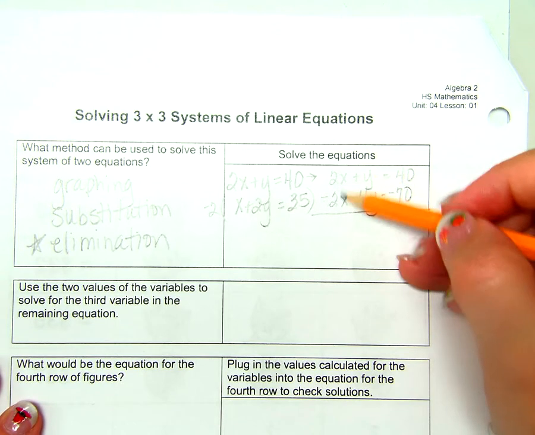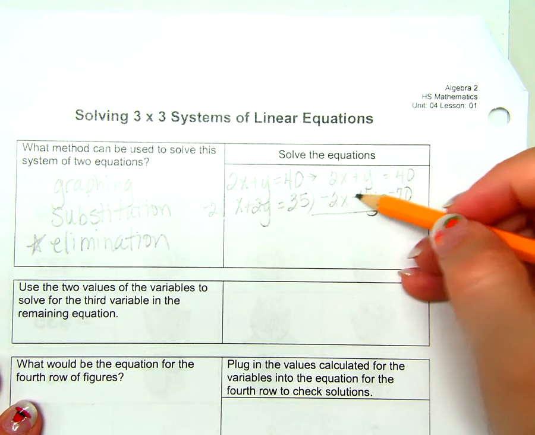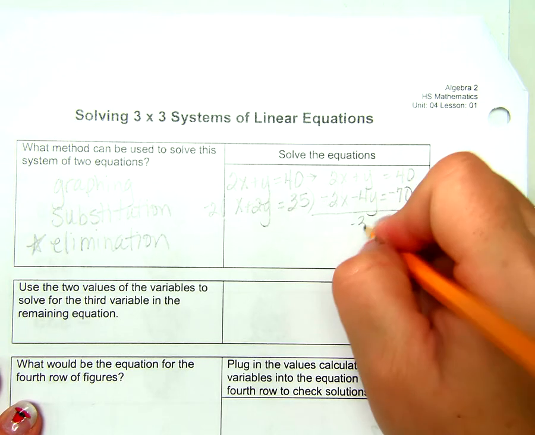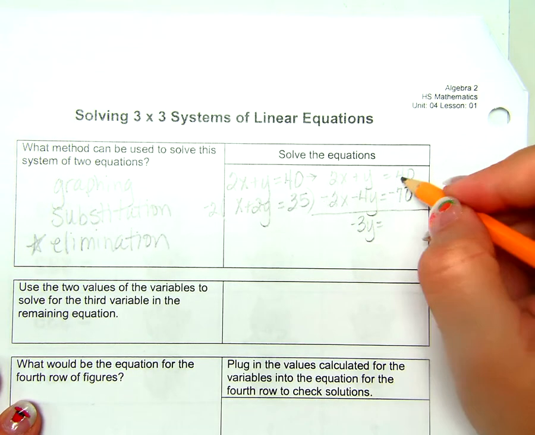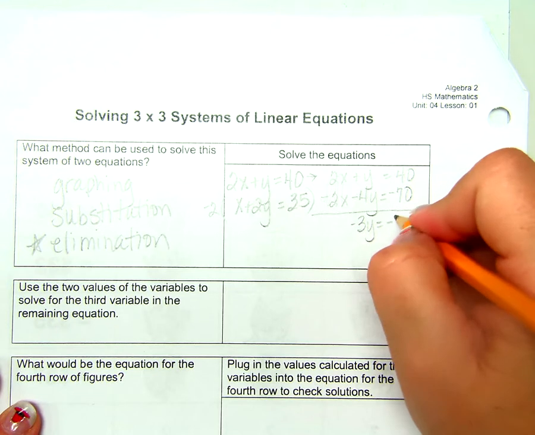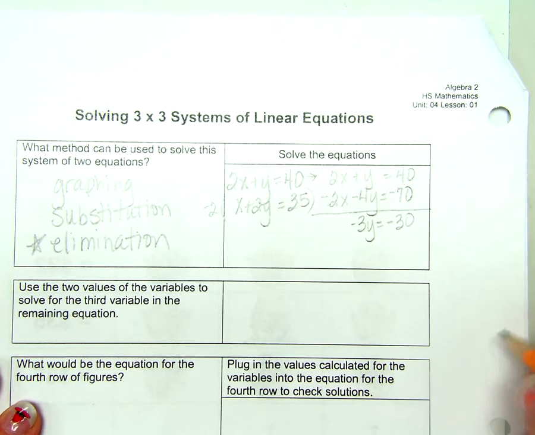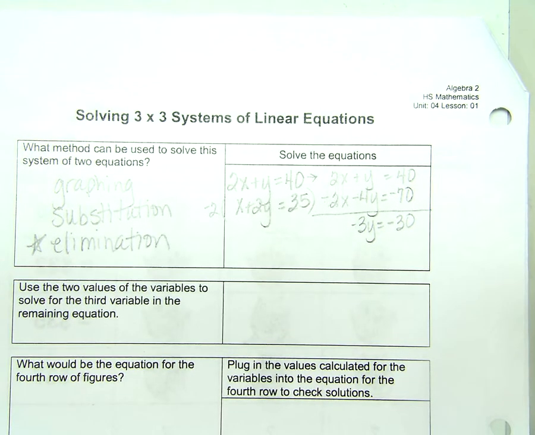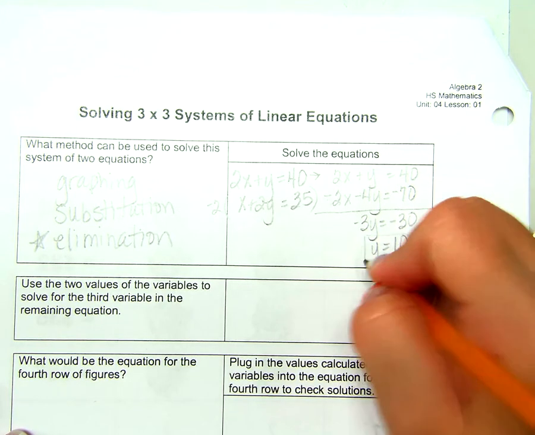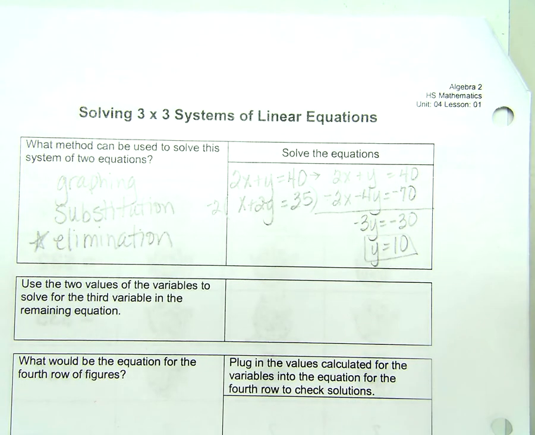Okay? So that zeroes out. What is y minus 4y? Negative 3y. What is 40 minus 70? Negative 30. If negative 3y equals negative 30, what does y equal? Y equals 10. Yay, there's the answer.